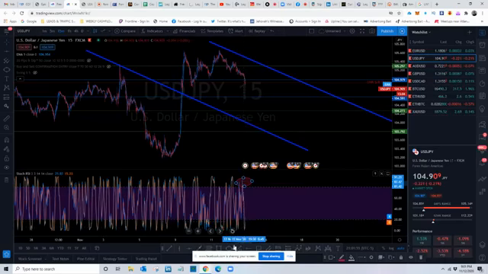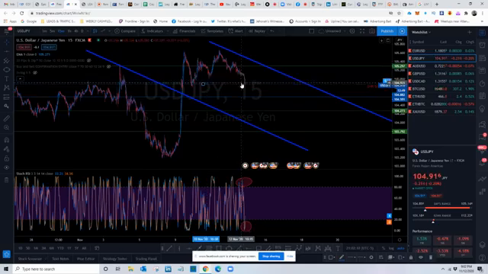Well, now you see at the bottom here that price is in a position where it's oversold. So price is going to go up. What's going to happen in this case is it's probably going to hit this support line here, right? And then it's probably going to create a lower high.